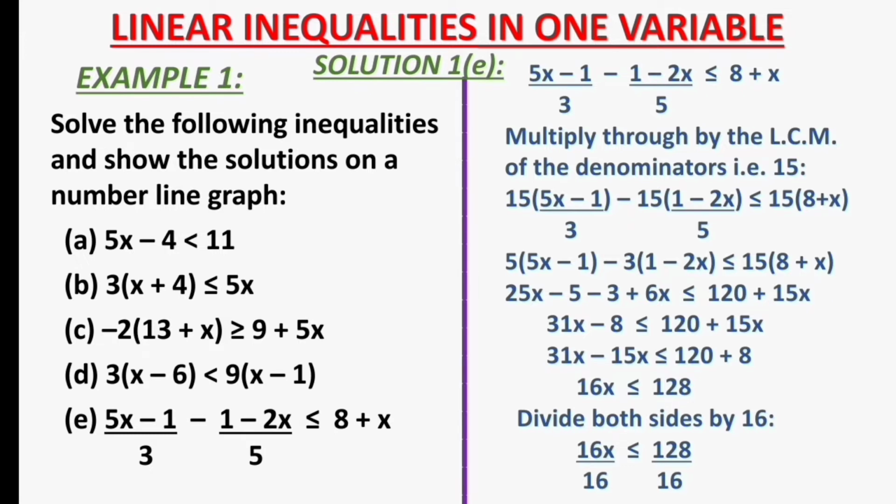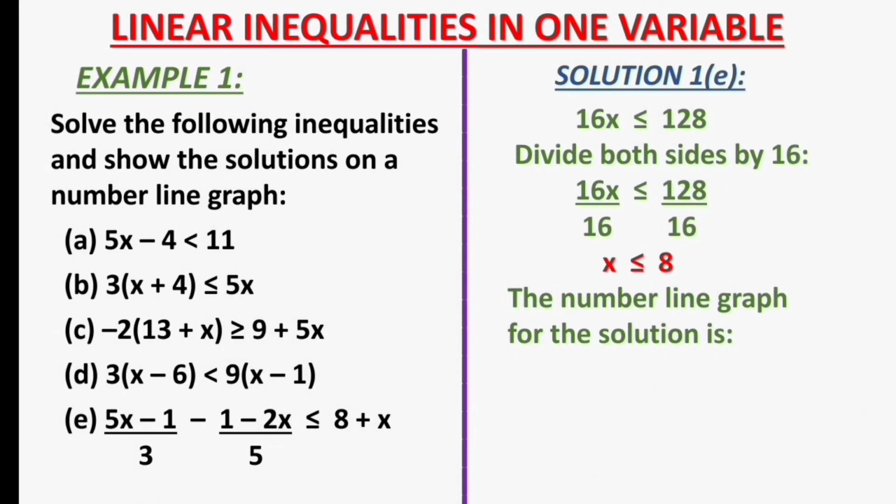When we solve this, what will be the solution to the inequality? Let's see if you are right. Dividing both sides by 16, we are going to have x ≤ 8 as the solution to the inequality. I hope you got this right.